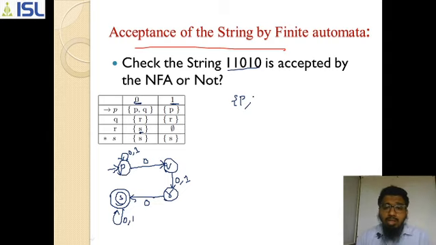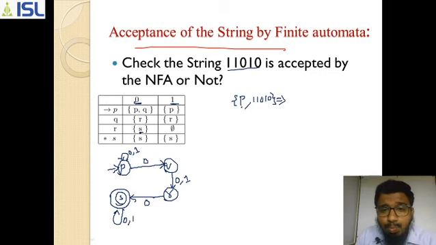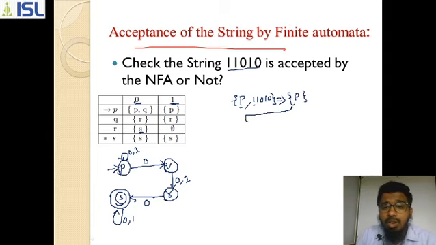P comma string 11010. If P is 1, where is it going? It is going to P only. What is our next state? It is P. So this comes here.